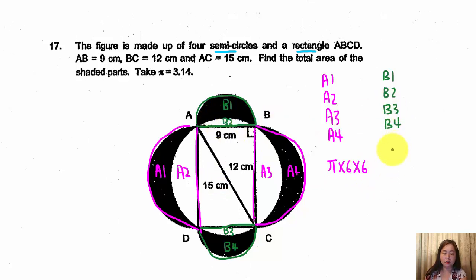So the area for this circle will be pi times, since this is 9 cm, half of it is actually 4.5, multiplied by 4.5. Then we find the area of this rectangle here using the length of 12 and the breadth of 9. And let's call this C1, C2. So C1 and C2 is actually equals to 9 times 12.